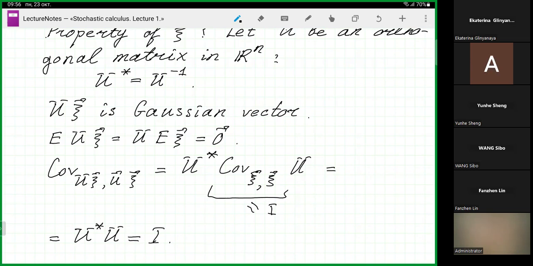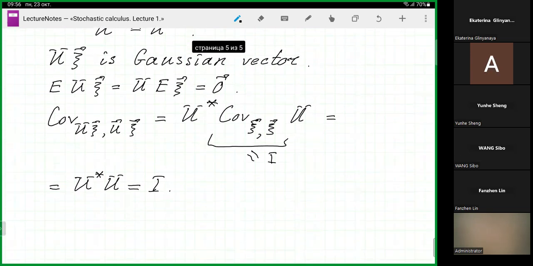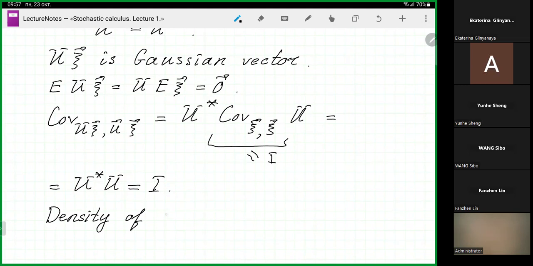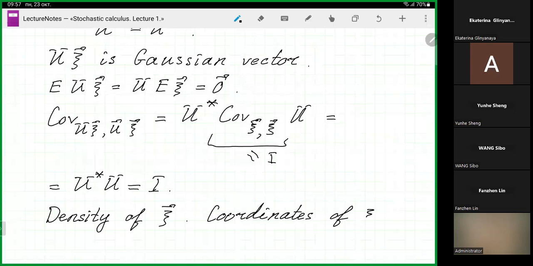Now let us check that the density really exists. One can easily check this due to the following property. Psi has independent coordinates. So coordinates of psi have density.